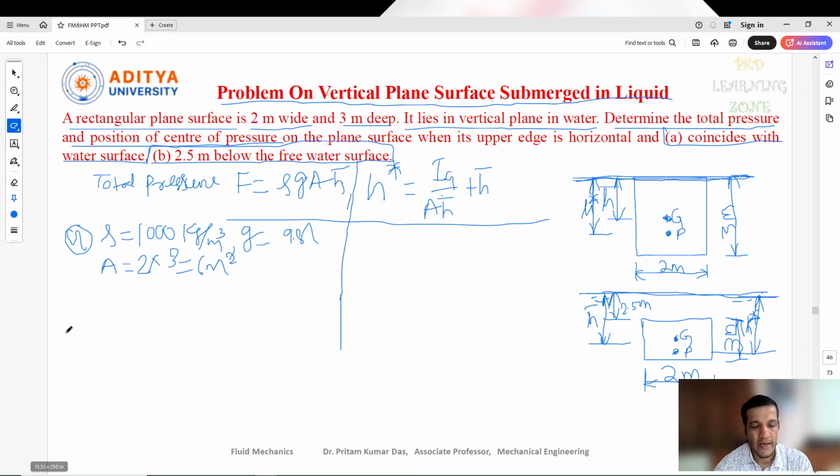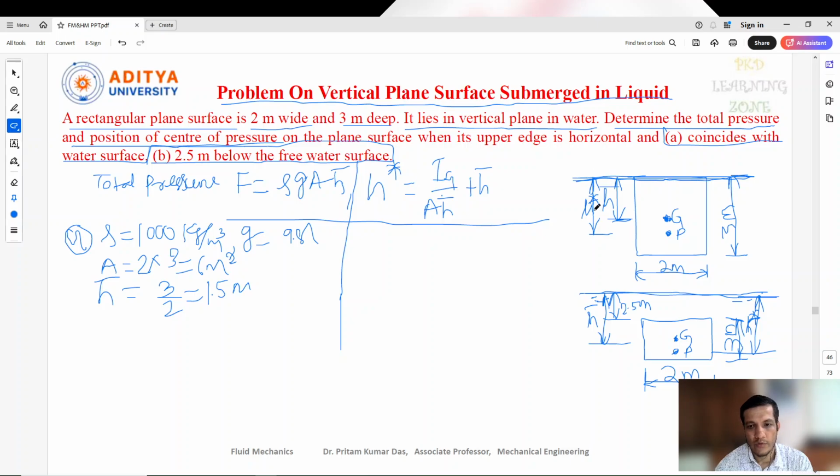This is the area. Now H bar is required. For this condition, H bar is the distance from the free surface to the center of gravity point. The total height is 3 meter, and we know the center of gravity is situated at the middle of the object. So H bar equals the total height divided by 2, that means 3 divided by 2 equals 1.5 meter.